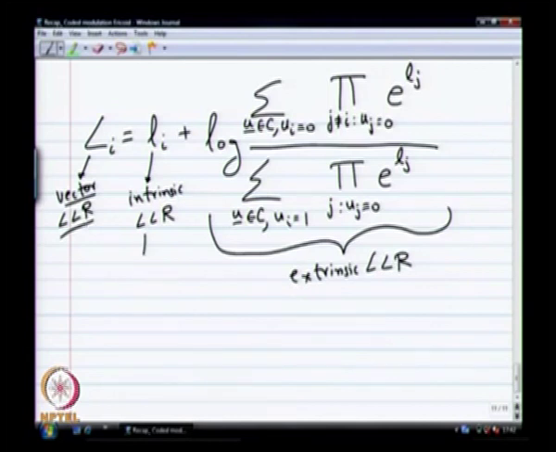This is also called channel information. This is the belief, or the probability or the LLR, that the channel is giving you. Only the channel is telling you about the ith bit. What is this? This is from the code, basically not just the code, but from the rest of the bits in the code.